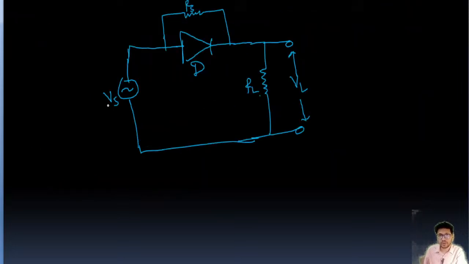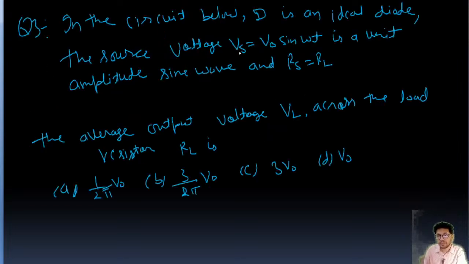Okay, so I'm going to solve it. So how to solve this? It's a simple question. Options are given. So first, this is the positive part of the diode and this is the negative part of the diode. For the first positive half cycle, we have been given source voltage Vs is V naught sine omega t, right?